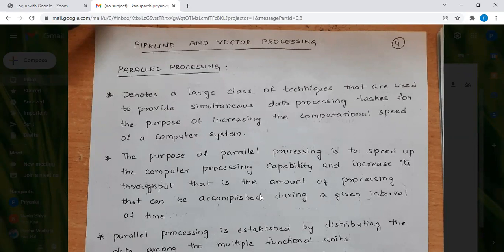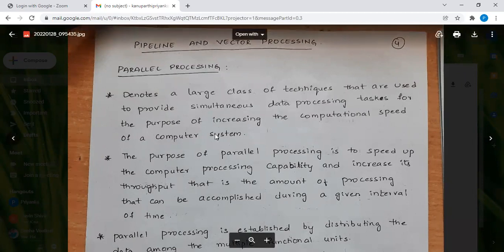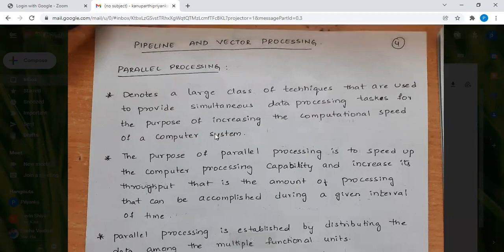Parallel processing means working in parallel: 2 techniques working, 3 techniques working, at a time, for the purpose of increasing the computational speed.